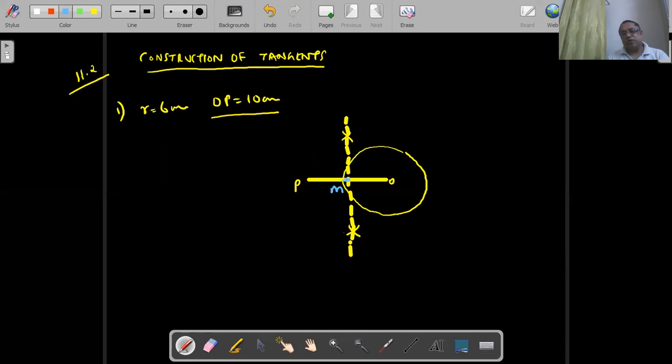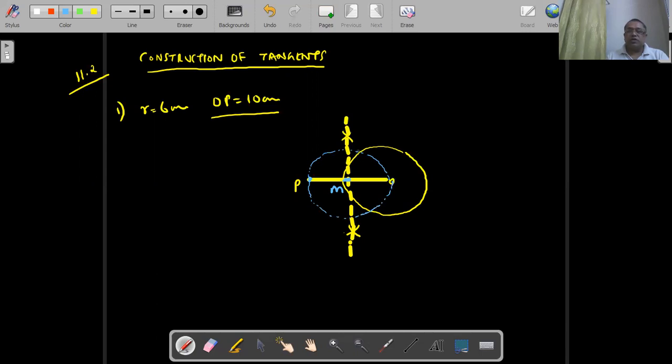So once you get the midpoint, keep the compass at the midpoint M and take radius MO or MP. You can measure this, keep the compass at M, extend it to P such that your pencil touches here, and then what are you going to do? You are going to draw a circle passing through P and O. Remember, your compass is at M, the radius you are taking is MO or MP, and then you are drawing this circle.